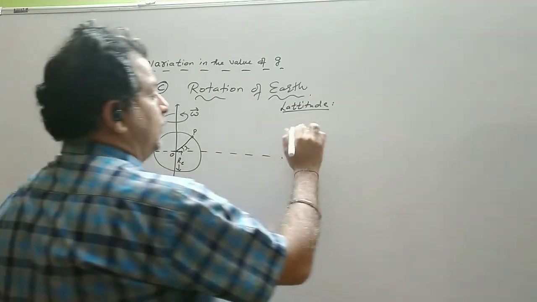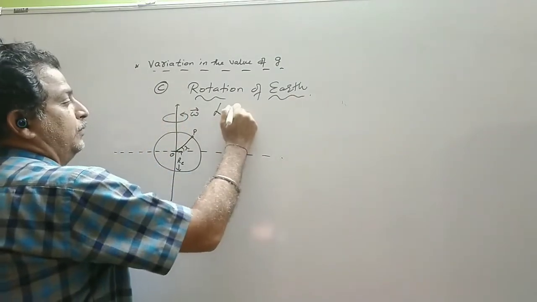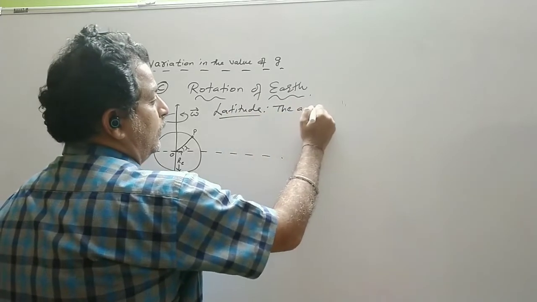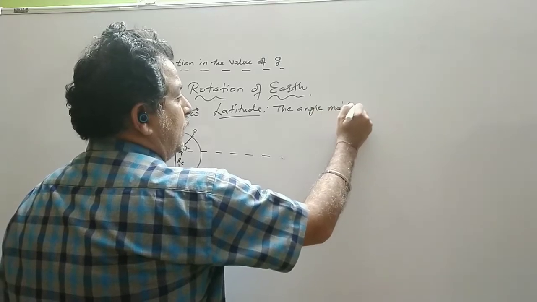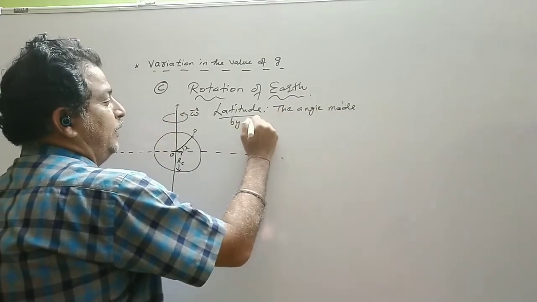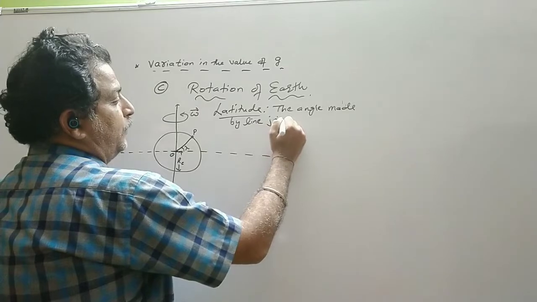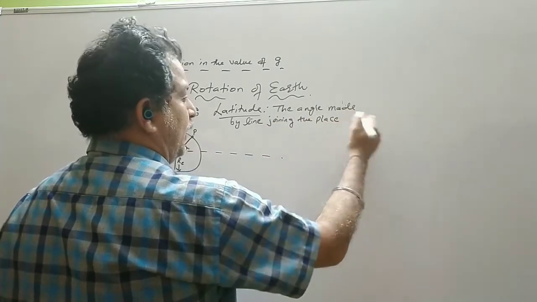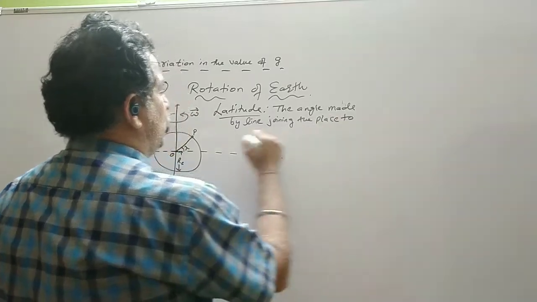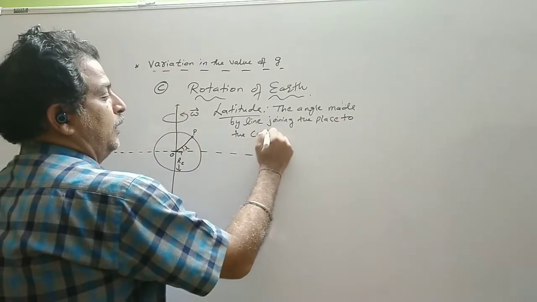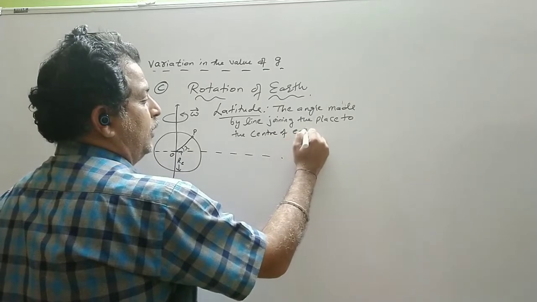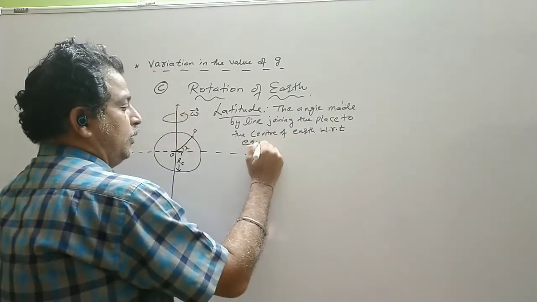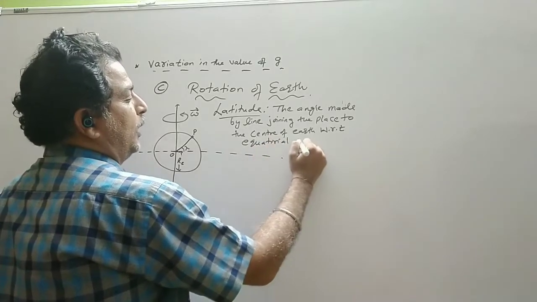So latitude is defined as the angle made by the line joining the place or any country to the center of Earth with respect to the equatorial plane or equatorial line.